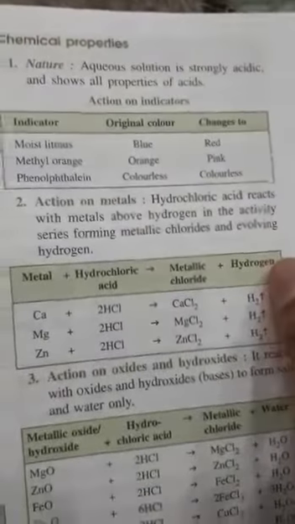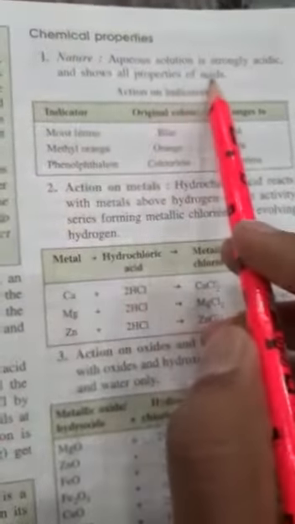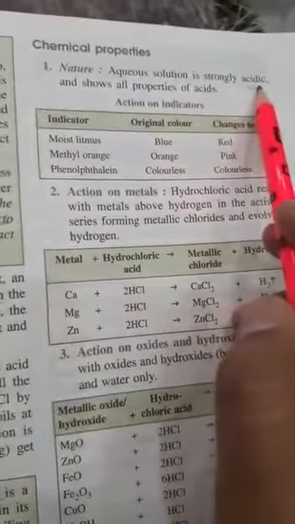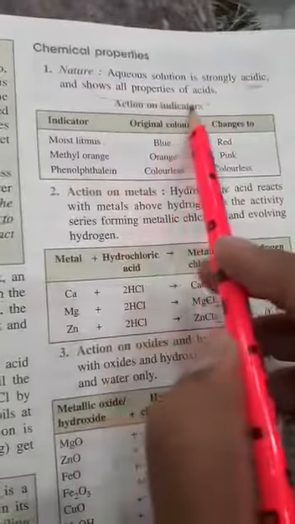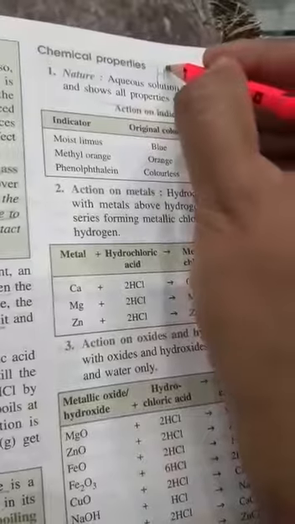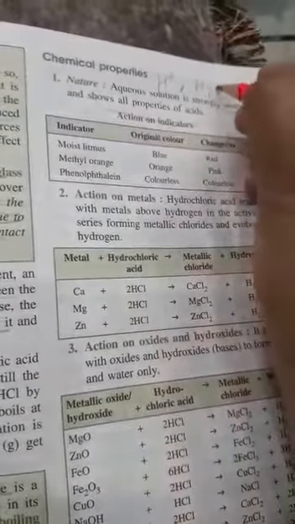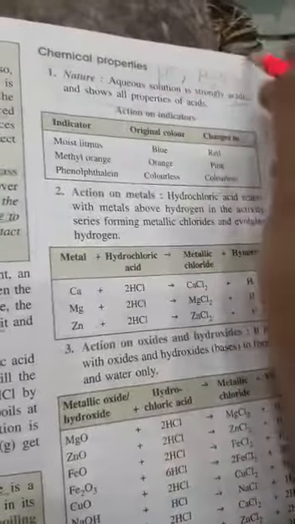Next are the chemical properties. First is nature. Aqueous solution is highly acidic. Highly acidic means it shows the properties of an acid because in the presence of water it gives H positive, or hydronium ion, which shows the acidic properties.